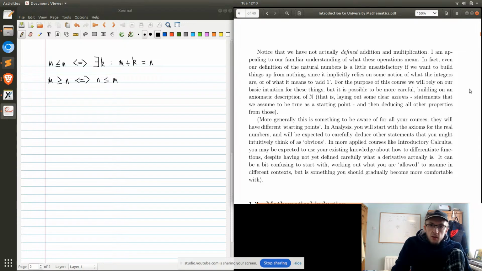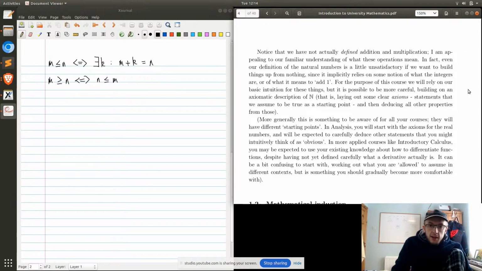For the purpose of this course, we will rely on our basic intuition for these things, but it is possible to be more careful building on an axiomatic description of the natural numbers, that is, laying out some clear axioms, statements that we assume to be true as a starting point, and then deducing all other properties from those.